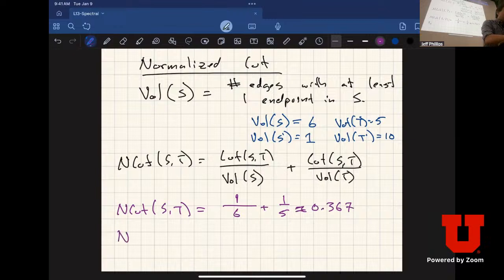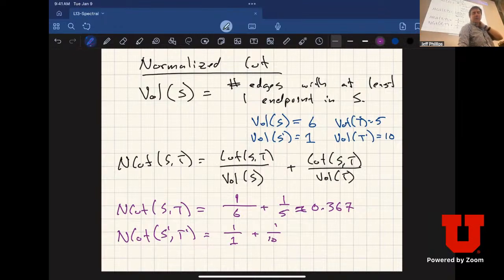If I look at the normalized cut of S prime, T prime, I'm going to have 1 over 1 plus 1 over 10. The 1 over 10 is a very small term, but the 1 over 1 is going to dominate this, and this is equal to 1.1.